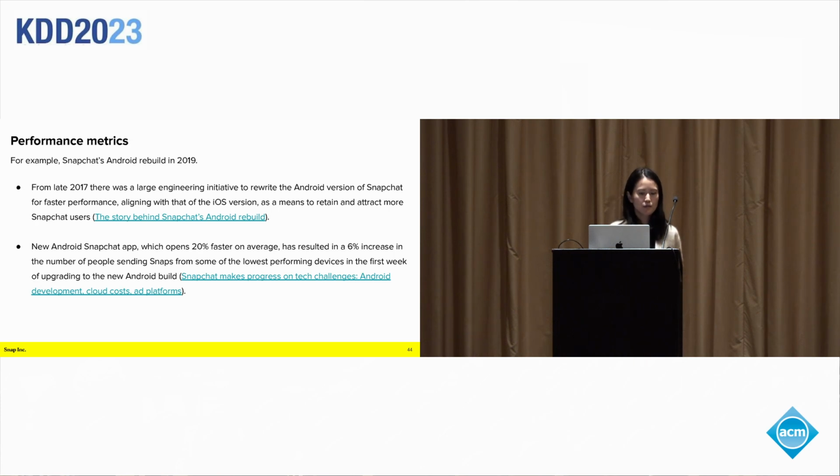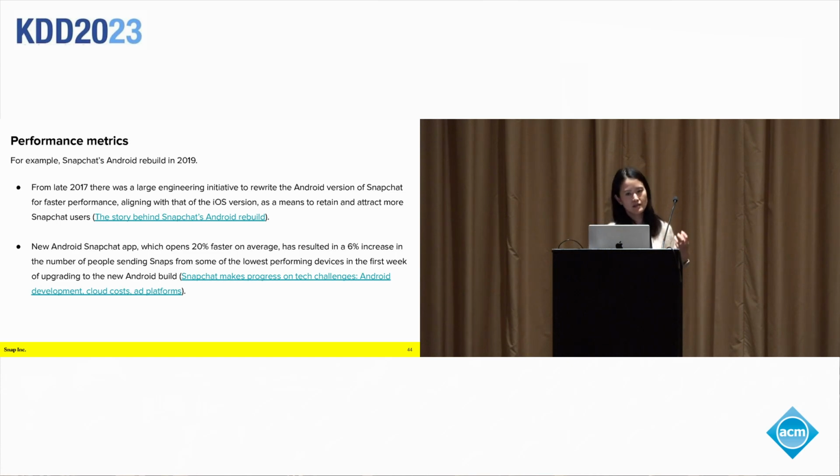In late 2017, there was a large engineering initiative to rewrite the Android version of Snapchat for faster performance. Basically, this was an initiative to retain and attract more Snapchat users, especially Android users.